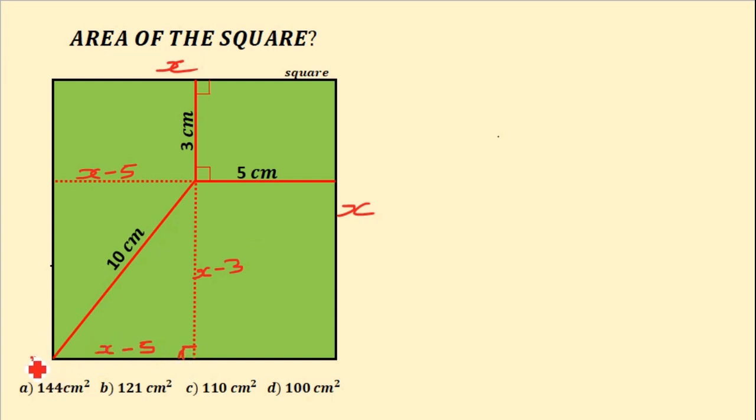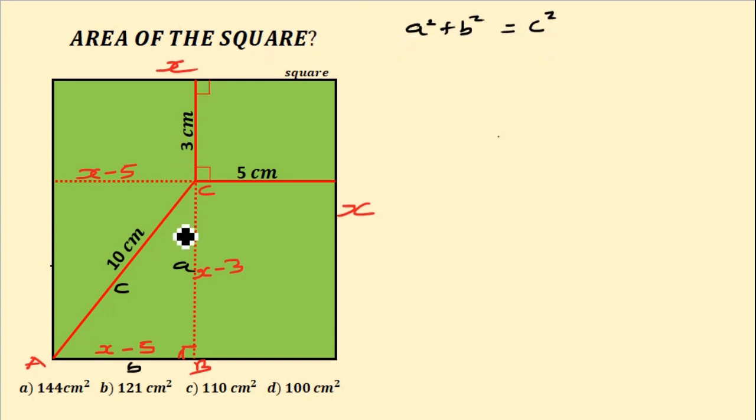So you can see if you take this triangle A, B, C, that is a right-angled triangle. So that right-angled triangle, we can actually use the Pythagoras theorem. So the two shorter sides, if we let them be A and B, the longer side is C. So according to Pythagoras theorem, A squared plus B squared is equal to C squared.